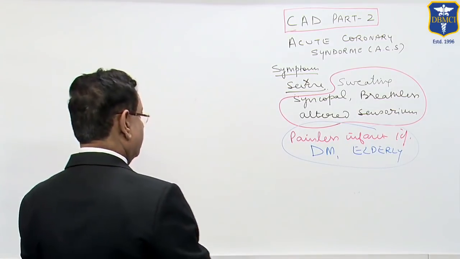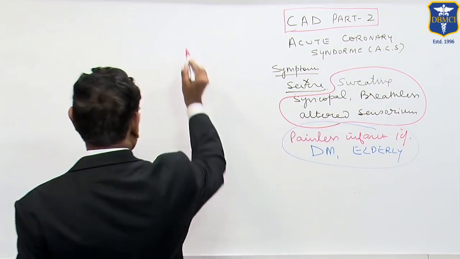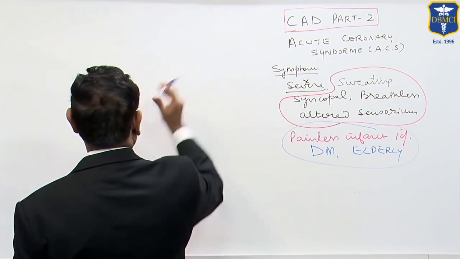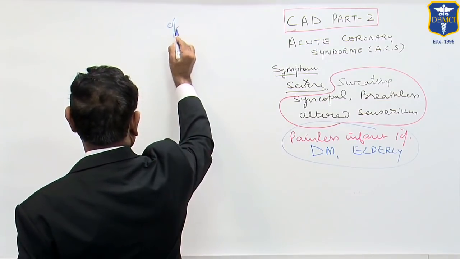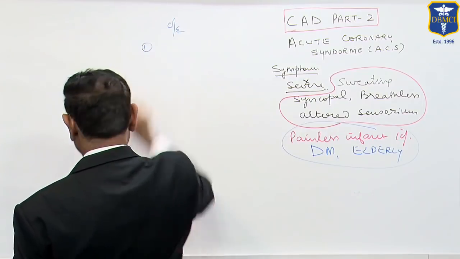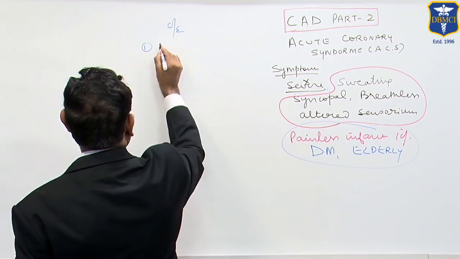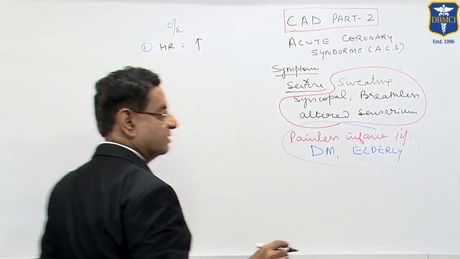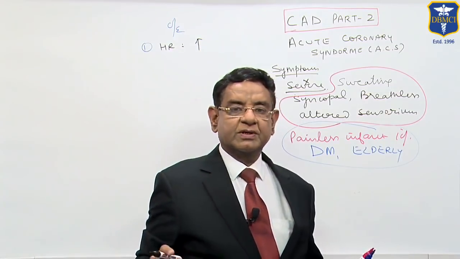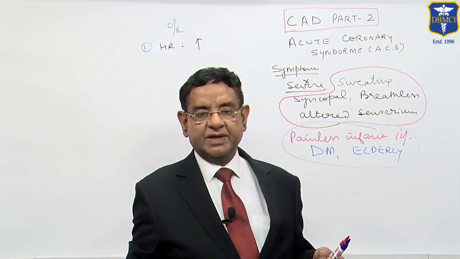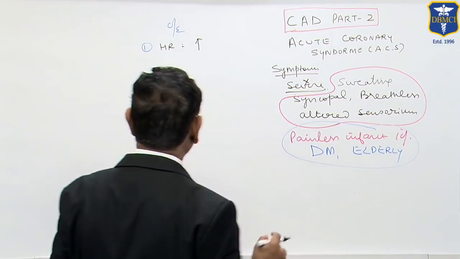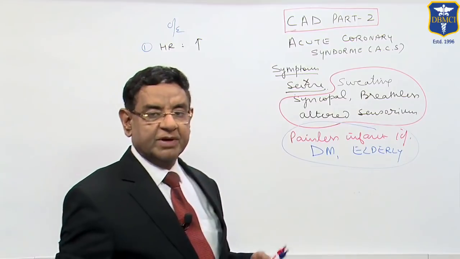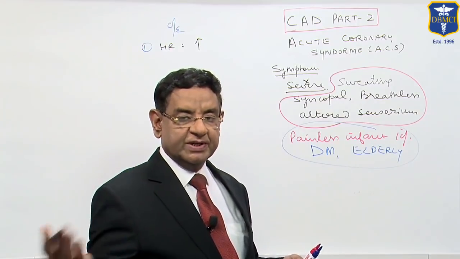Now, what you get on examination, signs regarding the pulse: heart rate usually increases because of excess catecholamine, or because of anxiety, because of pain, tachycardia is the feature.